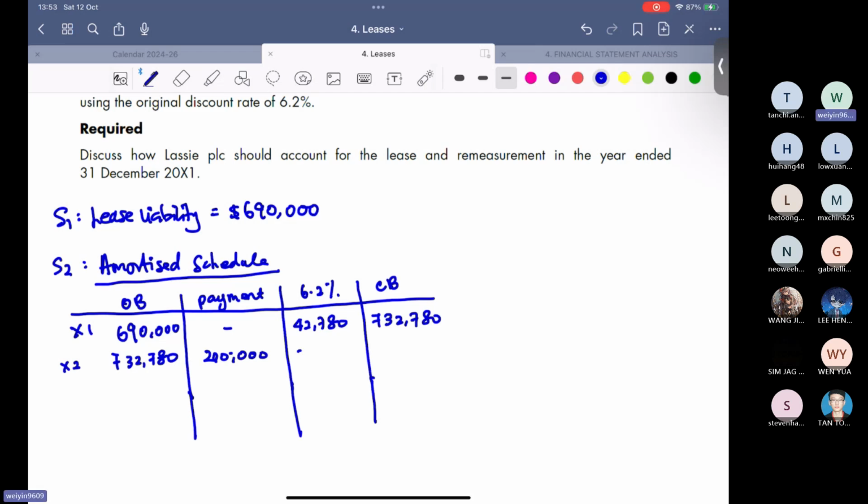Then I got 33,032, and 565,812. Then X3: I have 565,812 minus another 200,000, times 0.062.